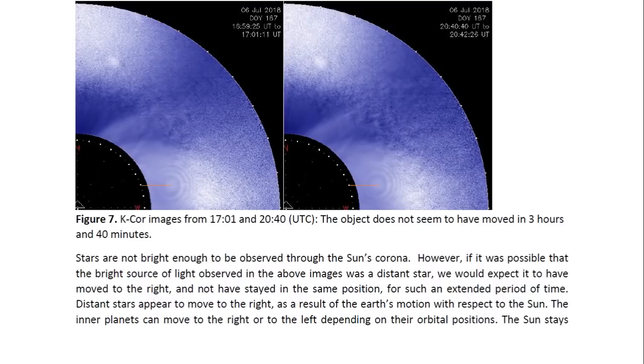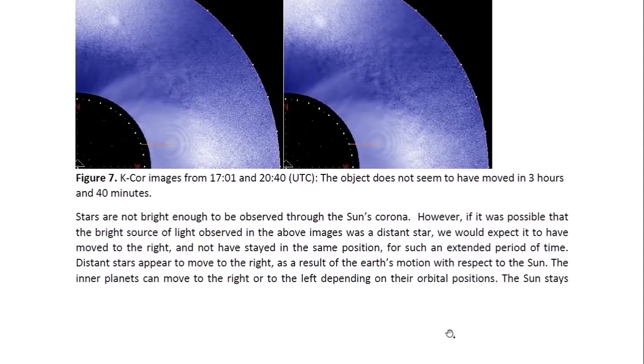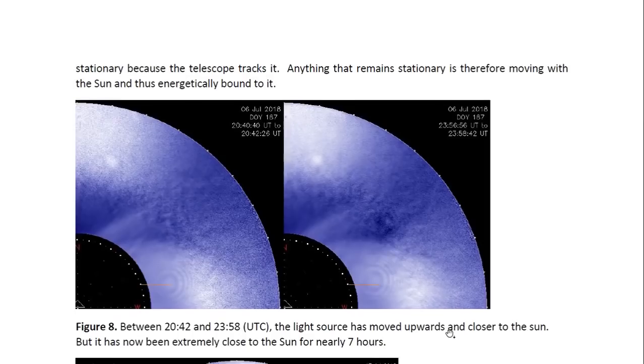Distant stars appear to move to the right as a result of the Earth's motion with respect to the sun. The inner planets can move to the right or to the left depending on their orbital positions. The sun stays stationary because the telescope tracks it. Anything that remains stationary is therefore moving with the sun and thus energetically bound to it.